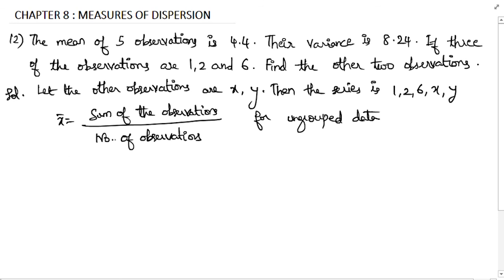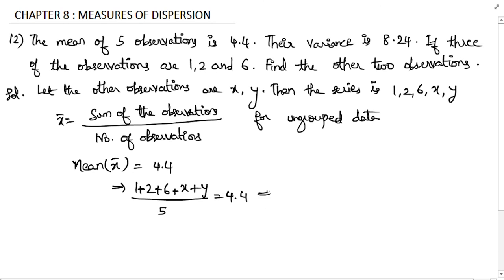Okay, so the mean, that is x bar, is equal to 4.4. It is given in the question. So that implies 1 plus 2 plus 6 plus x plus y divided by 5 is equal to 4.4. So that implies x plus y will be equal to 13. Okay, we'll consider this as 1.